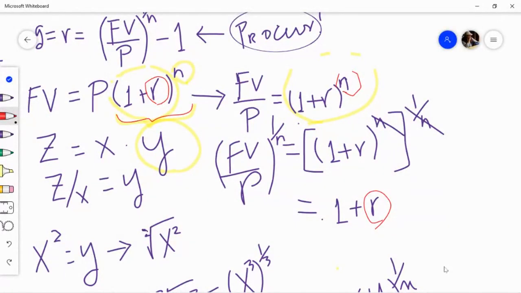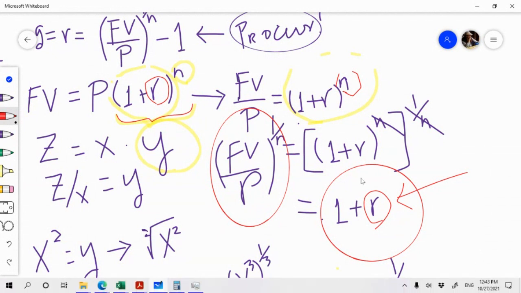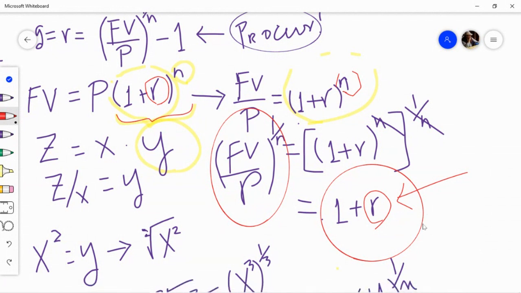So then left-hand side is this. Right-hand side is this, but we want to isolate r only. So what do we need to do? Then we'll have to subtract 1 from both sides or transpose 1 to the other side. You understand?